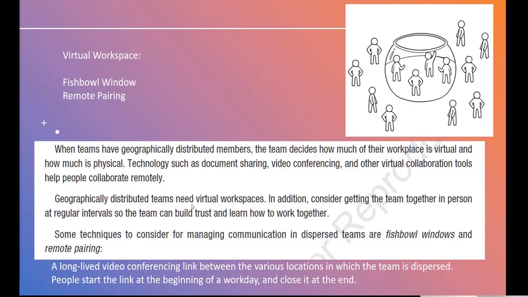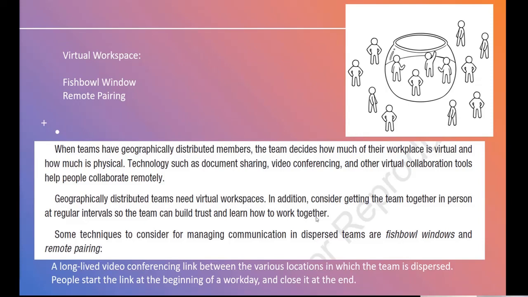Geographically distributed teams need a virtual workplace. In addition, consider getting the team together in person at regular intervals so the team can build trust and learn how to work.